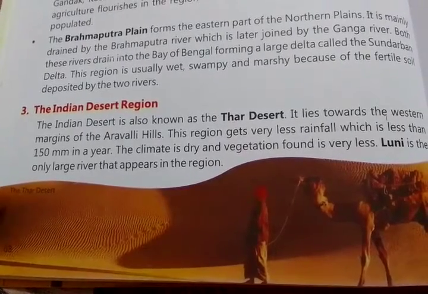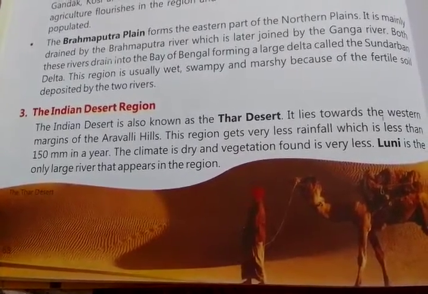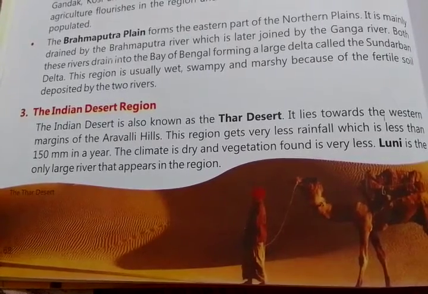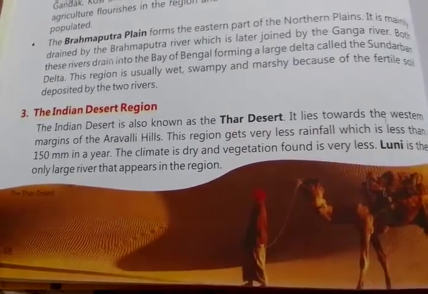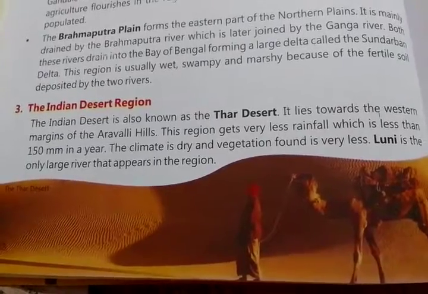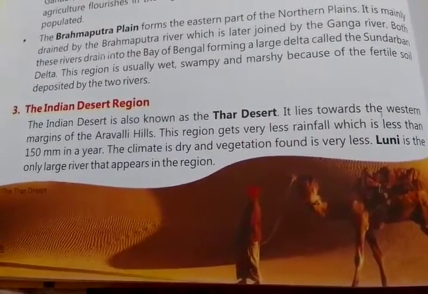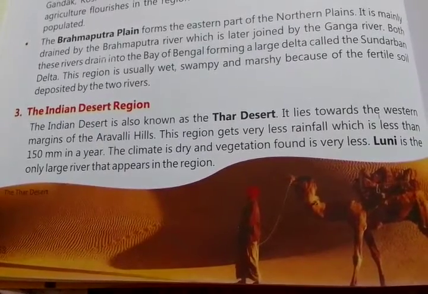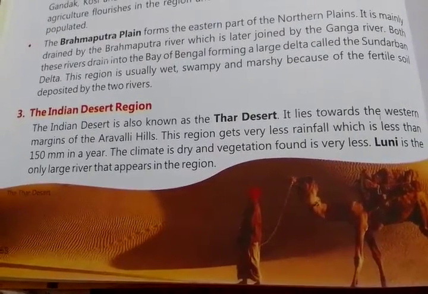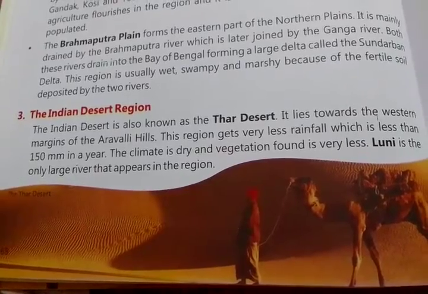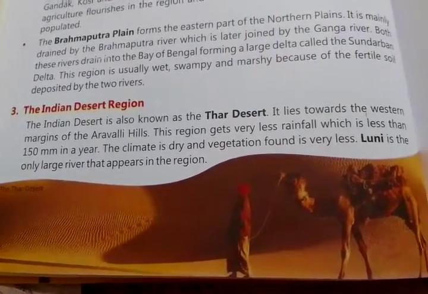It lies towards the western margins of the Aravalli Hills. The Aravalli Hills are located in the western part of India, and at the western margin of the Aravalli Hills lies the Great Indian Desert, also called the Thar Desert.